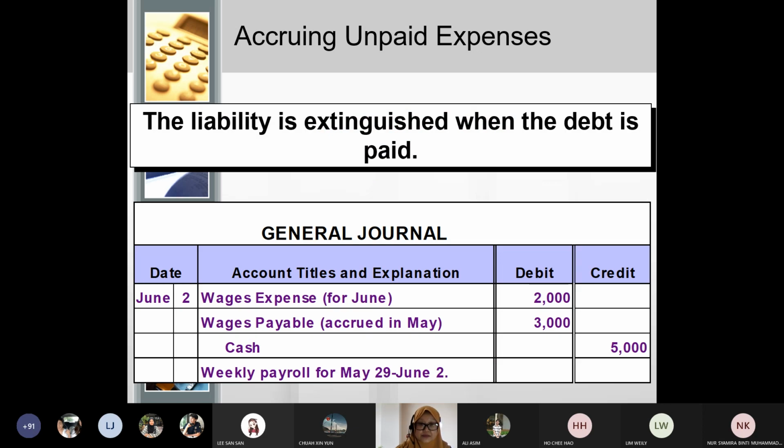We debit 2,000, which is the portion for June, and then we eliminate the portion for May, because we already recognized it as payable. So we have to eliminate the payable account, 3,000. Why do we eliminate? Because the company already made the cash payment, which totals 5,000.